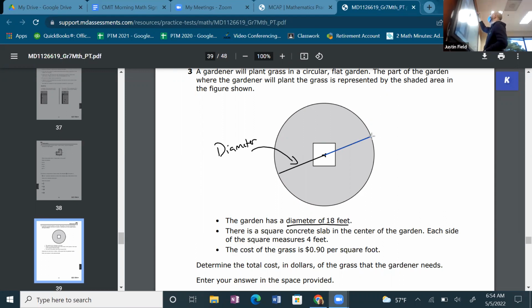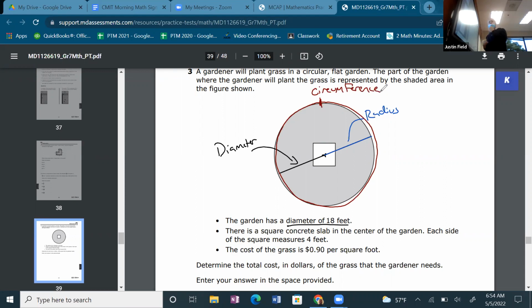Shout it out. Starts with an R. The radius. You need to know that. All right, and then let's just say all the way around just for review. What's it called all the way around? Circumference.